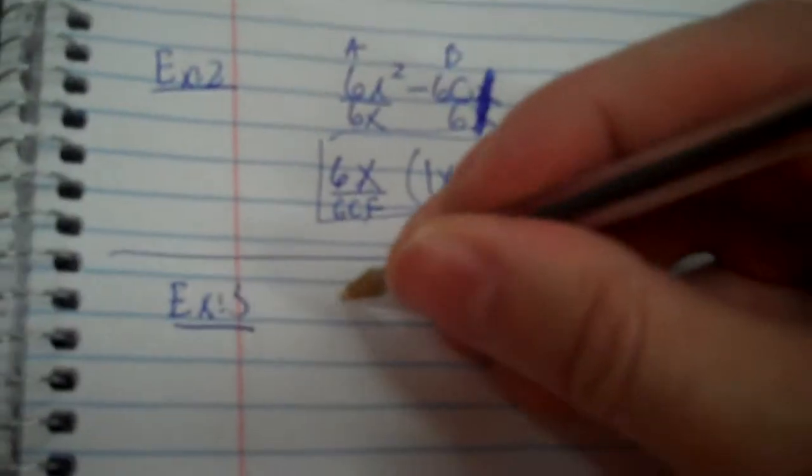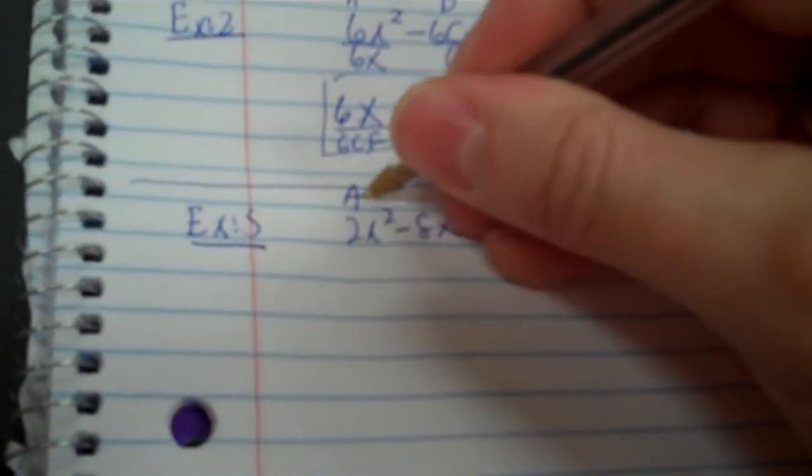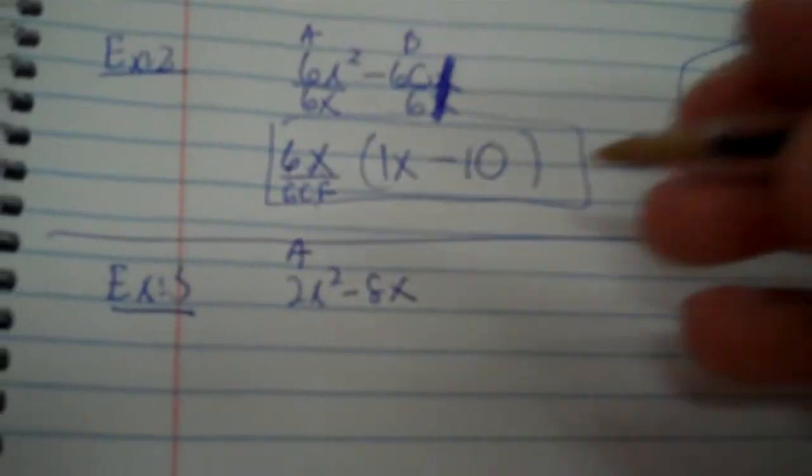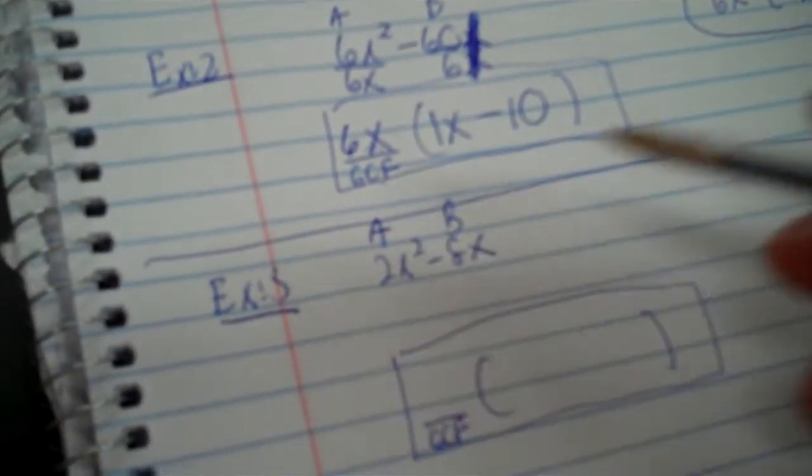Okay, example 3. We've got 2x to the second minus 8x. So again, the number in front of x to the second is a, the number in front of x is the b. So an ab quadratic is factored by just finding the greatest common factor, GCF. So 2 and 8. So let's go to the 2 row. Go to your smallest numbers. The smaller number is 2, so go to 2's row. 2's here, is 8 there? Yep.